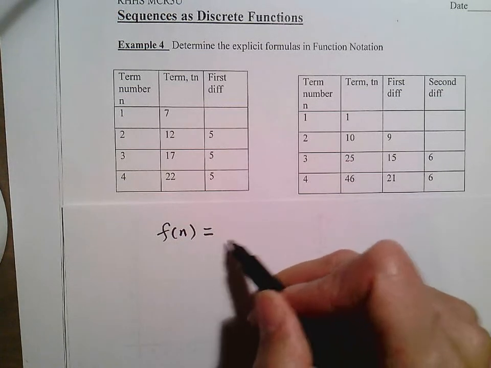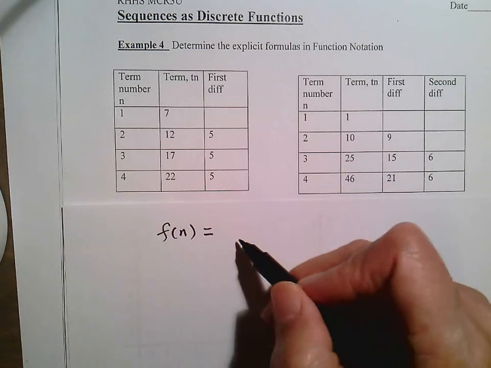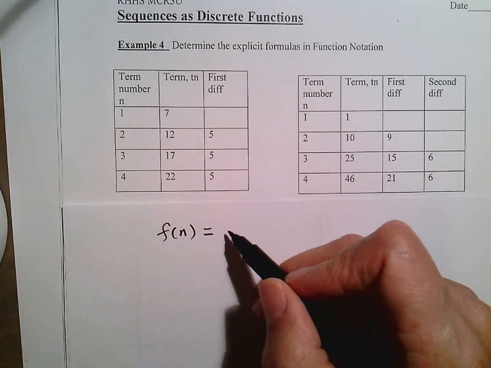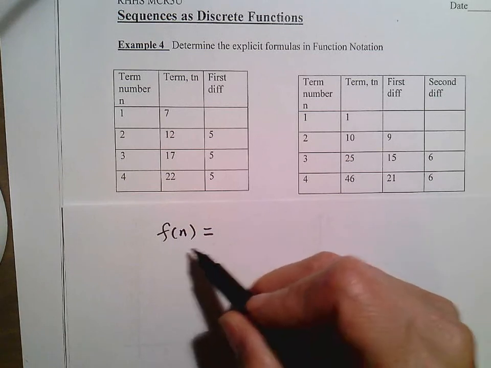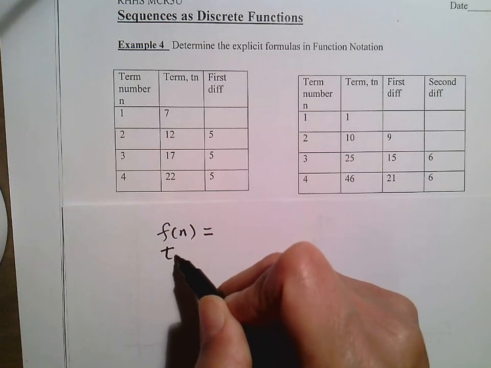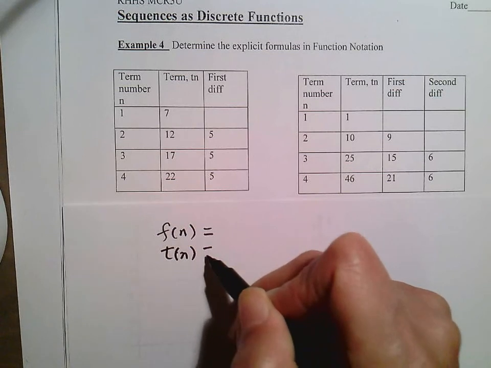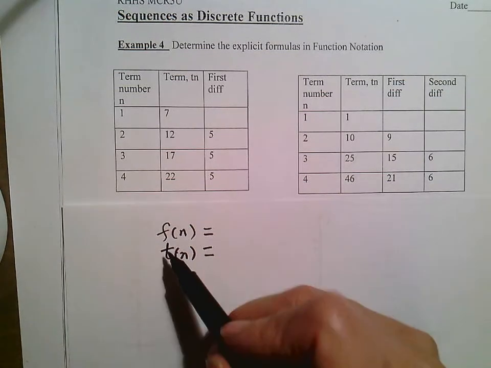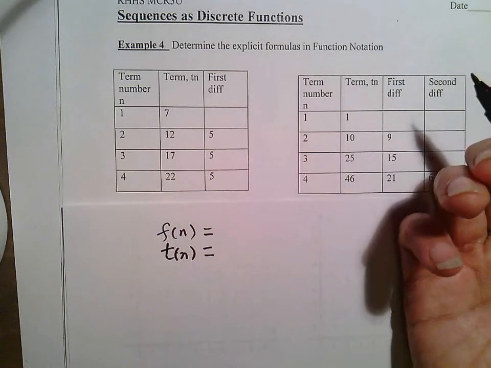Your output is actually the nth value, which is your explicit formula here, right? You want to find out the expression. Therefore, because t at n means that the term value depends on n, you can write like this: the term value depends on n. That is also a function notation.